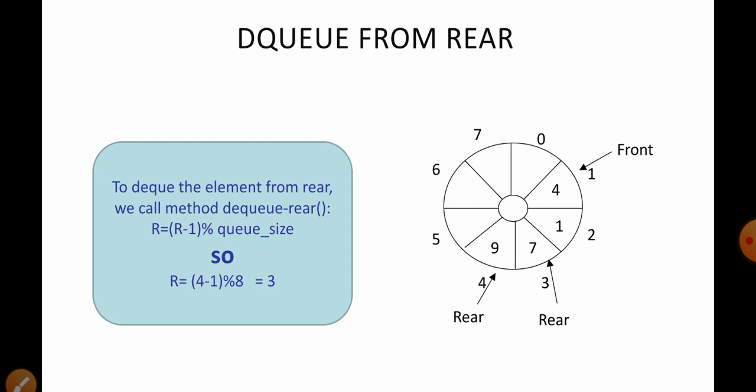Now the value at rear is 9 and rear is pointing at index 4. After applying the formula, rear is at index 4, 4 minus 1 is 3, 3 mod 8 again gives 3. So we will deque the value 9 from index 4, and after that we will move the rear to index 3.